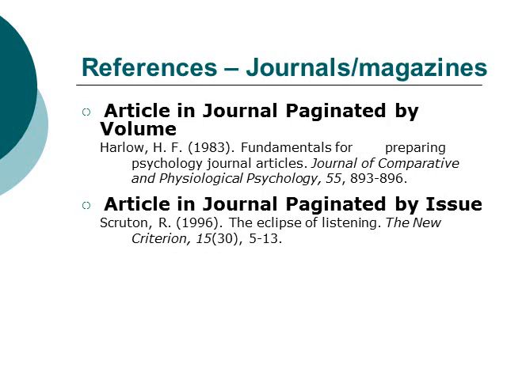More often than not, most of your publications in academia are probably going to come from articles in a journal. So usually these are either paginated by volume or paginated by issue.